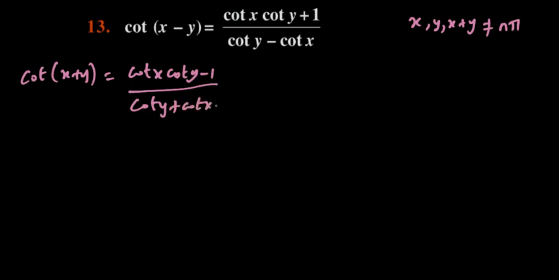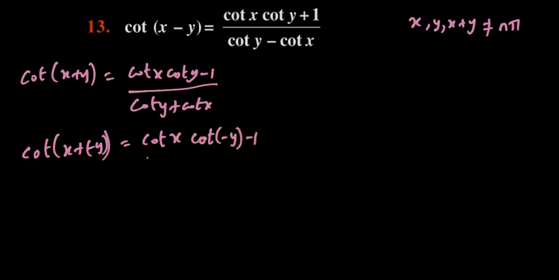Here let me substitute y as minus y. So cot of x plus minus y equals cot x cot of minus y minus 1 divided by cot of minus y plus cot x. So cot of x plus minus y becomes cot of x minus y.